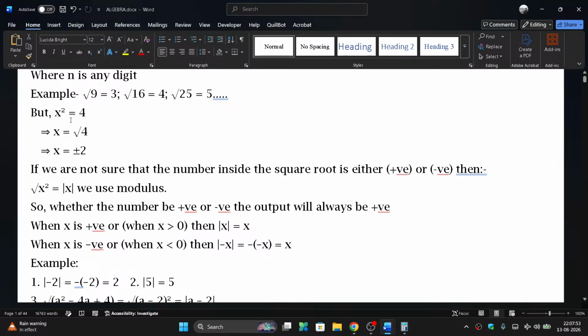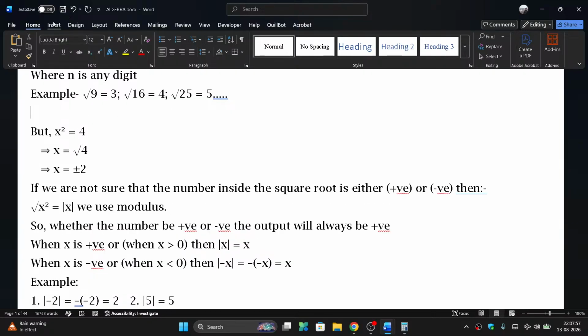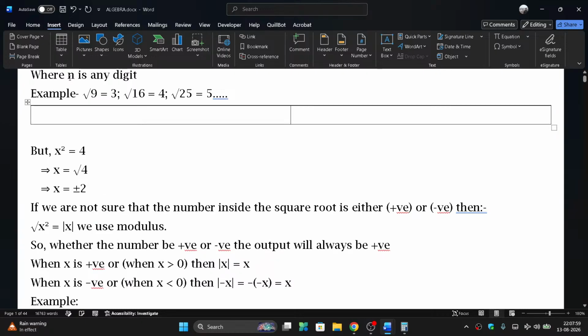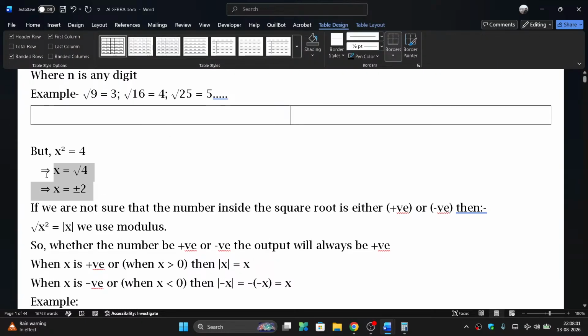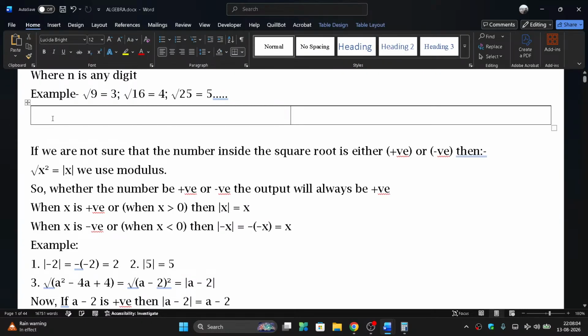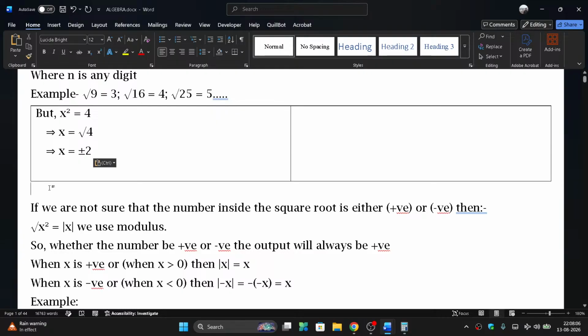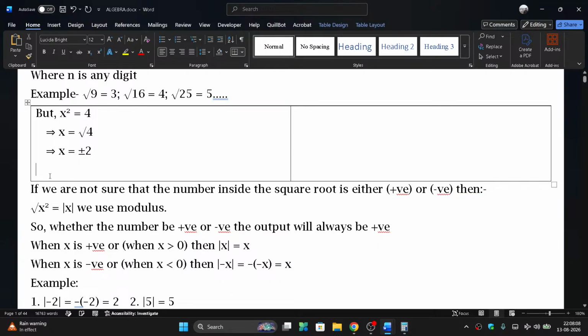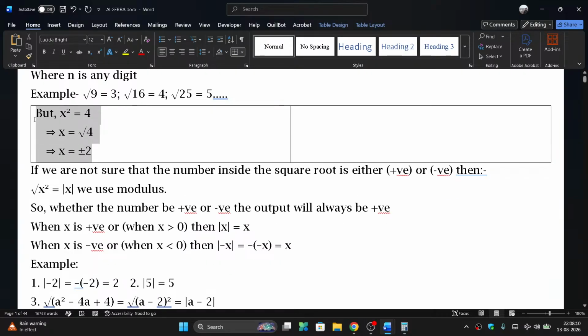I am giving another case just for a better understanding. If in this case x equals root over of 4, then x's value would be only 2.